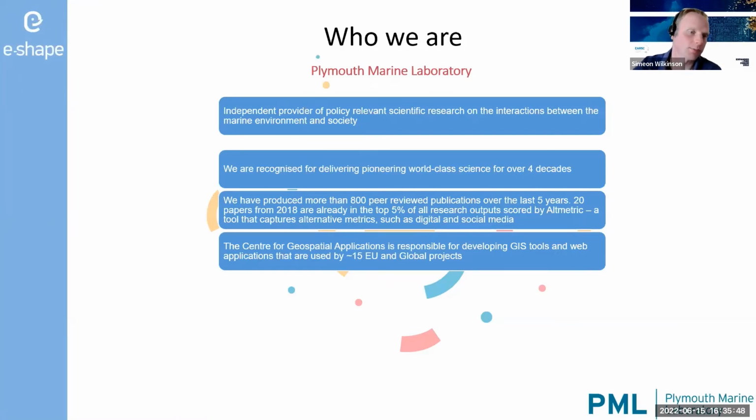This is a tool that captures alternative metrics such as digital and social media. And the Centre for Geospatial Applications, or CGA, which we're part of, is responsible for delivering GIS tools and web applications that are currently used by around 15 EU and global projects. Next slide, please.